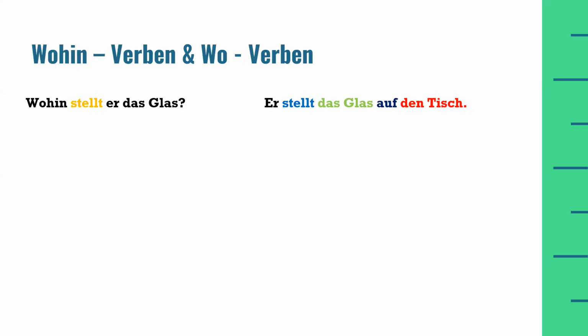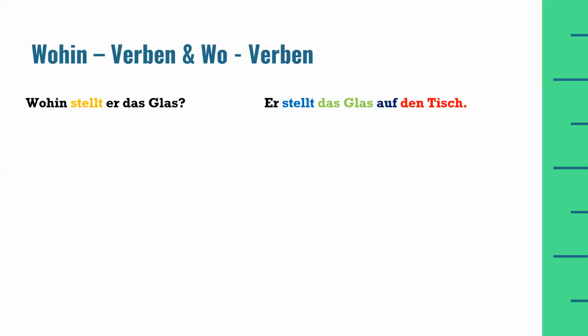So in this answer, there is a movement in the sentence. Therefore, we have to use the verb stellen and conjugate it according to the subject of the sentence. If we look at the next part, das Glas is the object of the sentence, then auf den Tisch. Now, auf is a two-way preposition which acts like accusative in certain situations and like dative in certain situations.